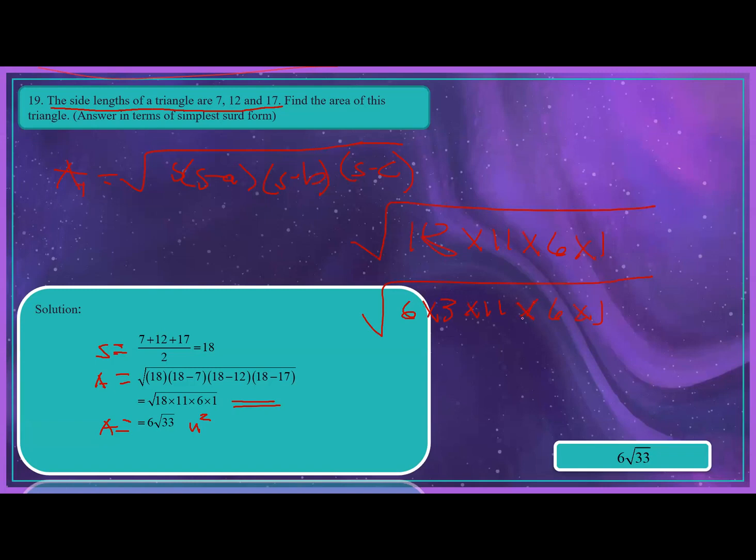Okay, so the common one here is 6. So you have 6 squared times 3 times 11. So since we have a square root of 6 squared, this is basically 6 times square root of 3 times square root of 11, right? So from here, square root of 6 squared is 6, and square root of 3 is square root of 3. Okay, there is no integer square root for that, and hence we get square root of 33 inside.